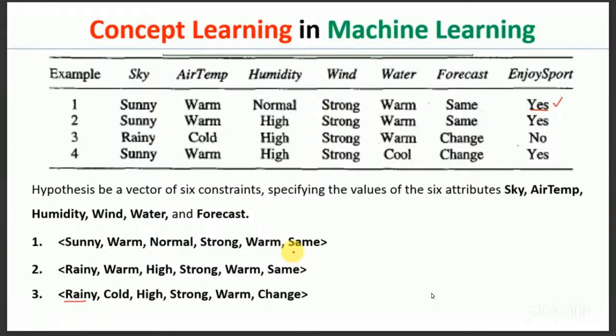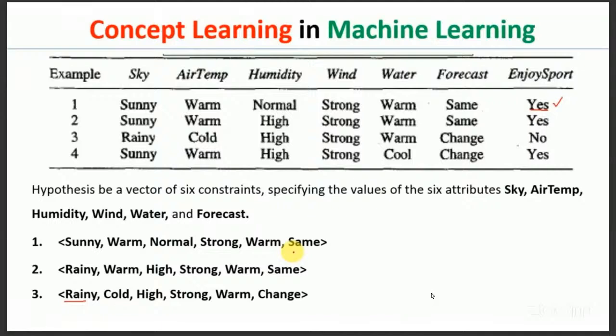Consider what parameters are used to judge whether to enjoy the sport or not. If you take the first one: sunny, warm, normal, strong, warm, same, yes. At the end, how many yes are there in the last column? Three yes and one no. Now, what should be the values of those six columns that give yes?